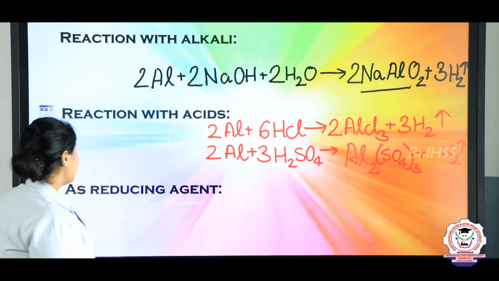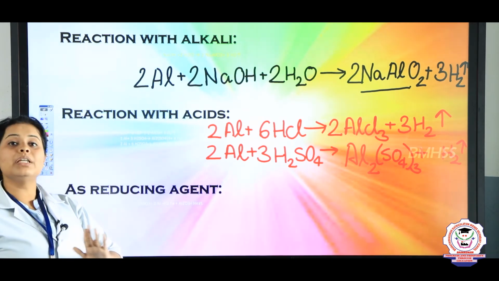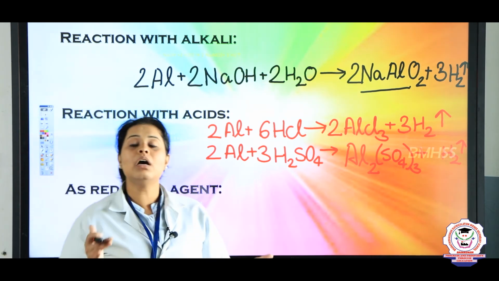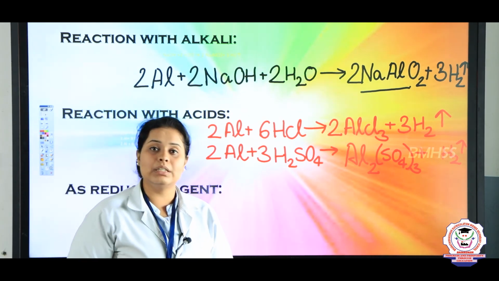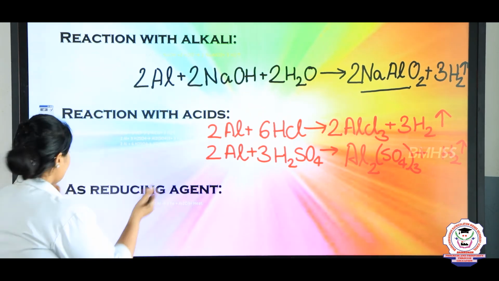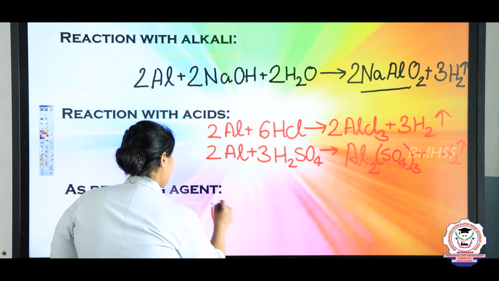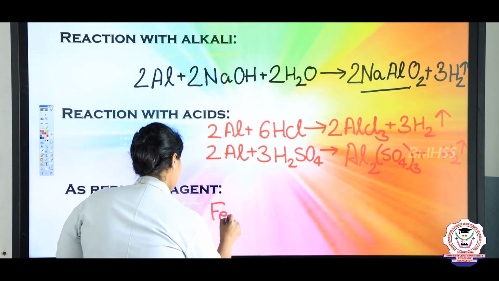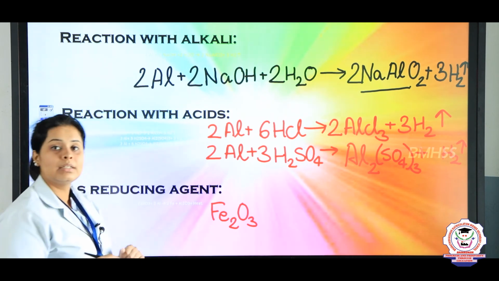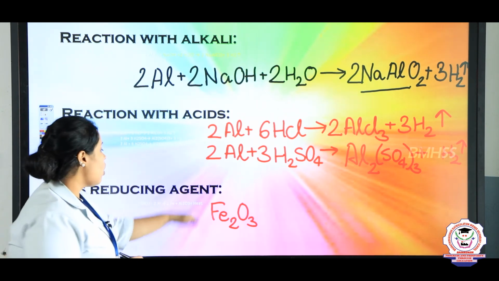Okay. In the same way, aluminium is a good reducing agent. That means it will remove the oxygen present in a substance. Okay. So how the reaction will go on is, if you are taking Fe2O3, what is this? This is ferric oxide.